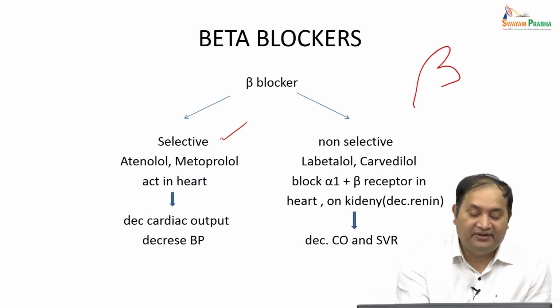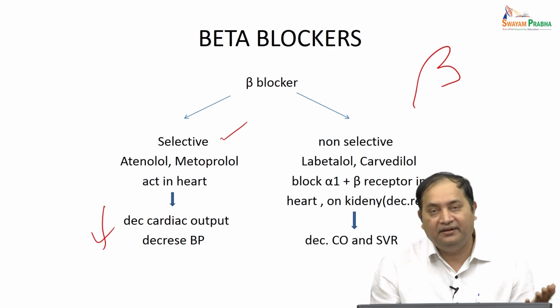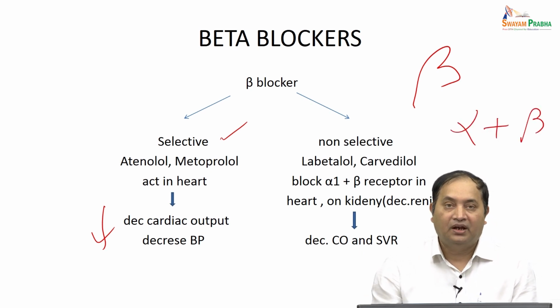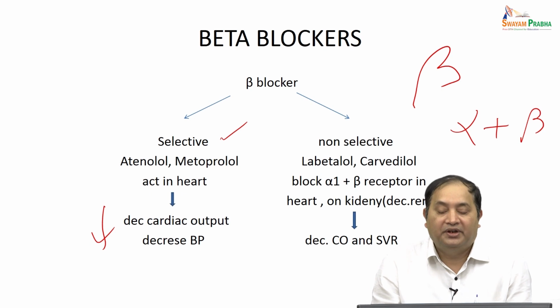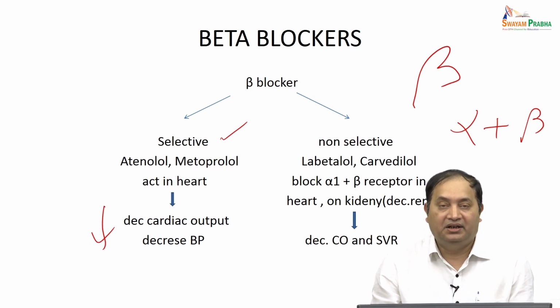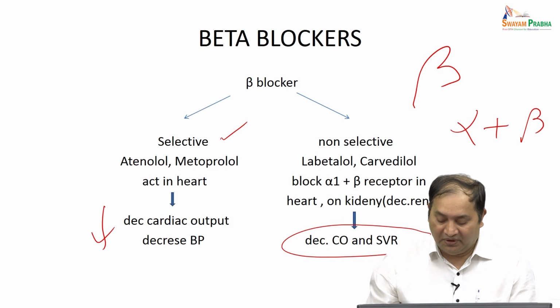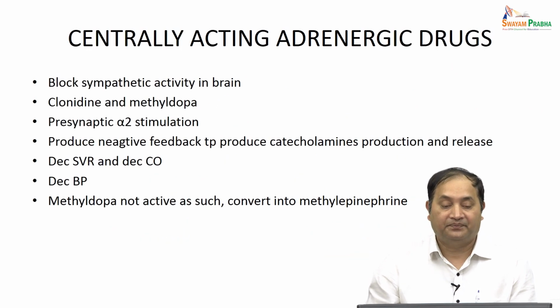So, it causes decreased cardiac output and BP is normalized. Similarly, there are non-selective beta blockers that act on alpha plus beta, like labetalol and carvedilol. They block beta receptors in the heart and the kidney. So, there is decreased release of renin. So, it causes decreased cardiac output and normalizes the blood pressure.